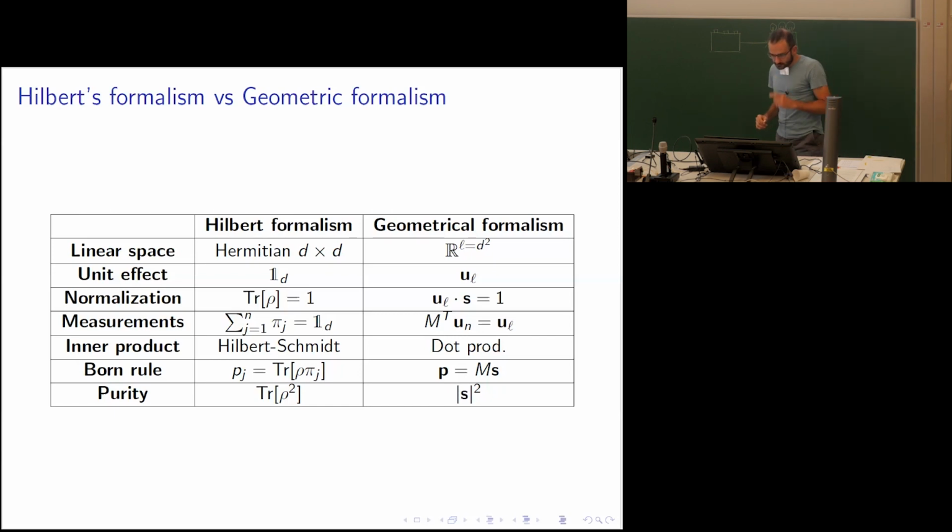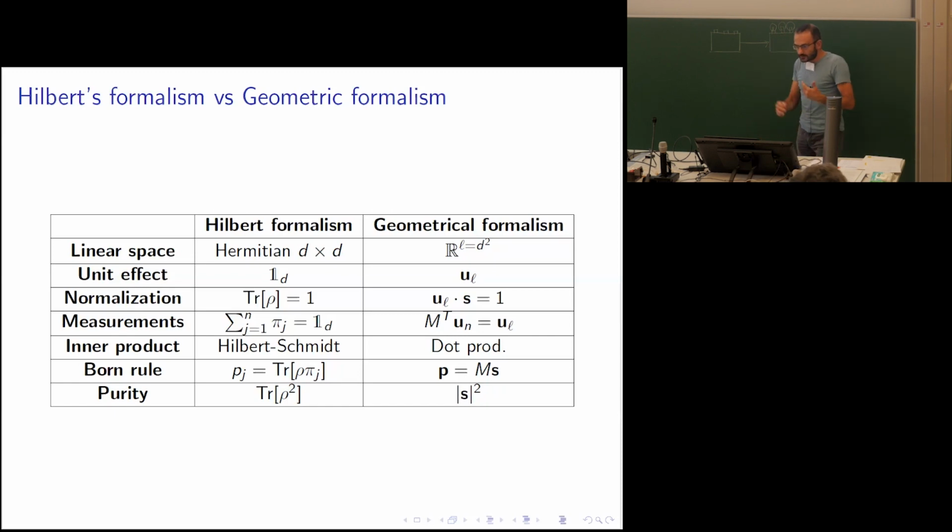I will be working with the formalism to the right. You might be more familiar with the one to the left, or maybe you're more familiar with GPTs, I don't know. So states and effects are represented by Hermitian matrices in the Hilbert space formalism, and they are represented just by real vectors in the geometrical formalism. A counting argument shows that the degrees of freedom are the same in number.